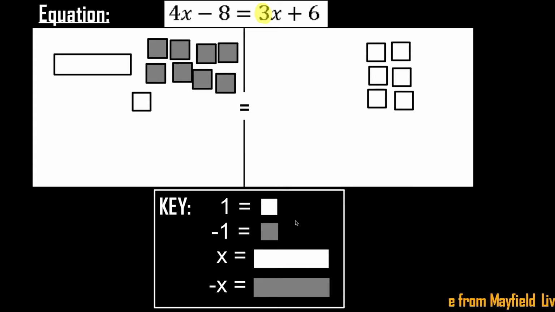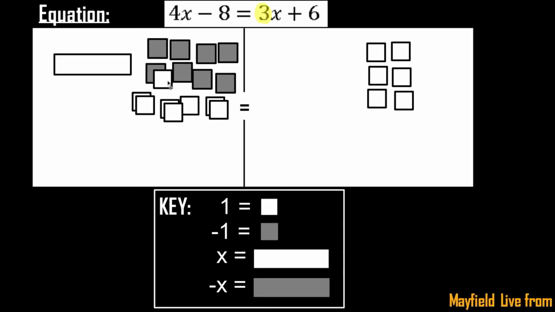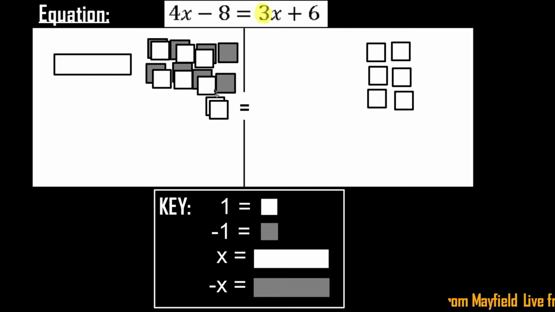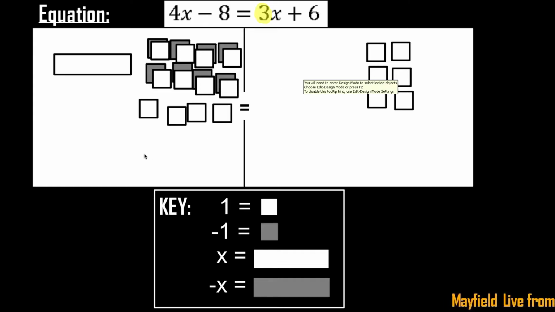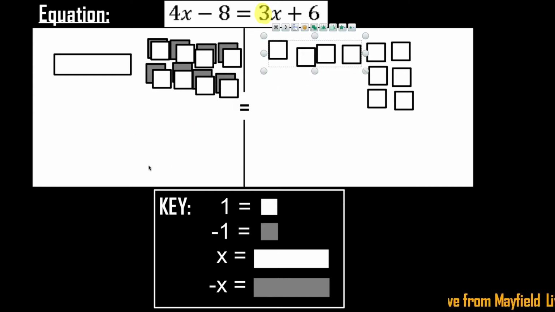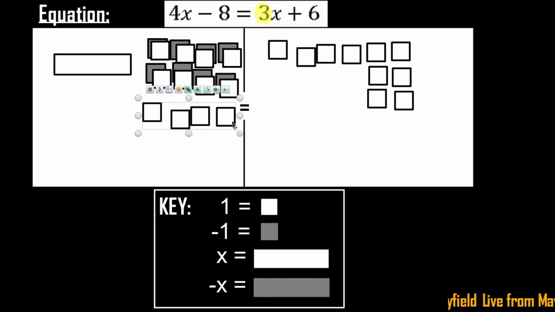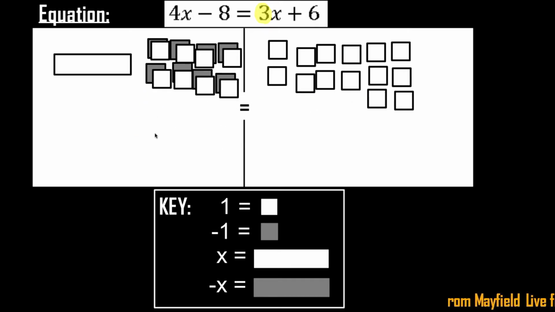So I have 1, 2, 3, 4, and then shortcut, copy and paste. Whatever you do to one side, you want to make sure you do to the other, so I have 4 and then 8 on that side as well.